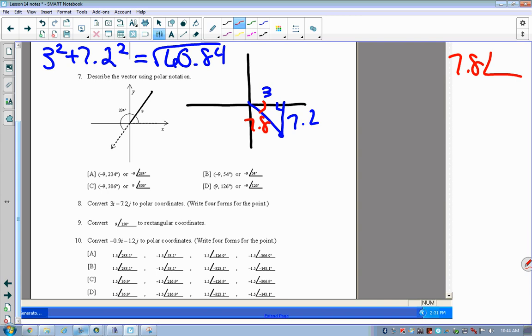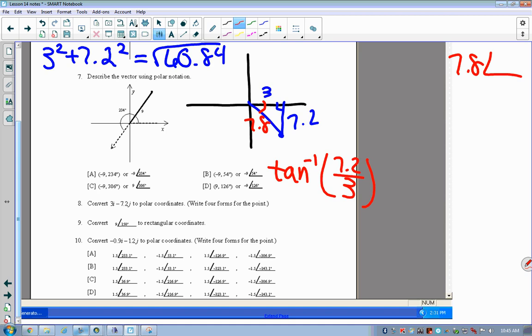Except because we have those elements and we're looking for the degree, we're going to use the inverse tangent of 7.2 over 3. And that's going to give me my degree measure. So you hit second tangent on your graphing calculator, and then 3.